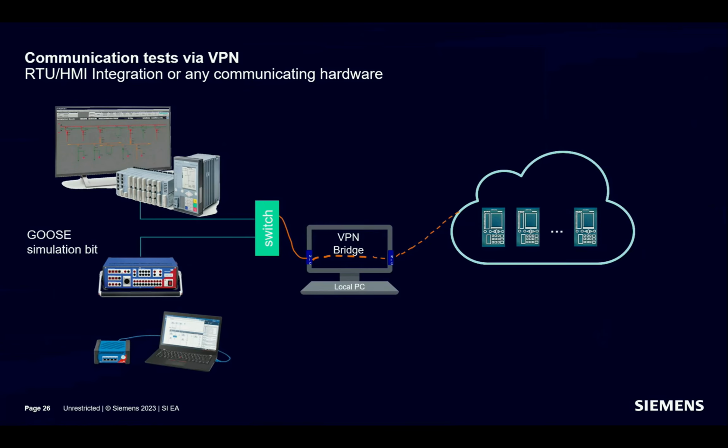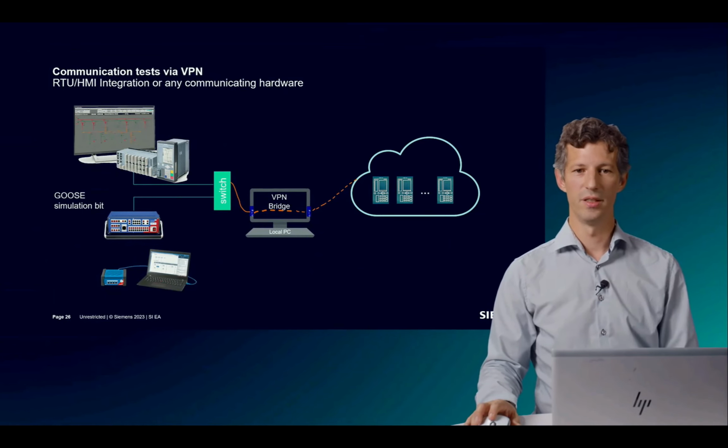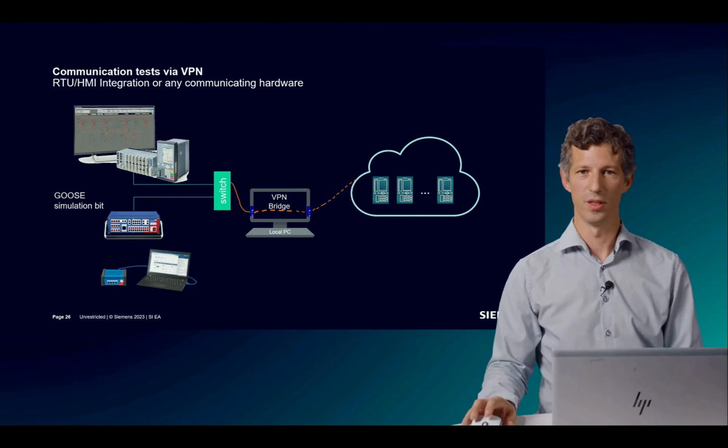What about physical connections to existing equipment, such as a physical RTU, a computer HMI, or even a physical IED involved in a GOOSE interlocking scheme with some virtual devices? And this is possible, to interconnect, to bridge those 2 worlds, the physical world of a test lab and the virtual world of the SIPROTEC digital twin with multiple devices.